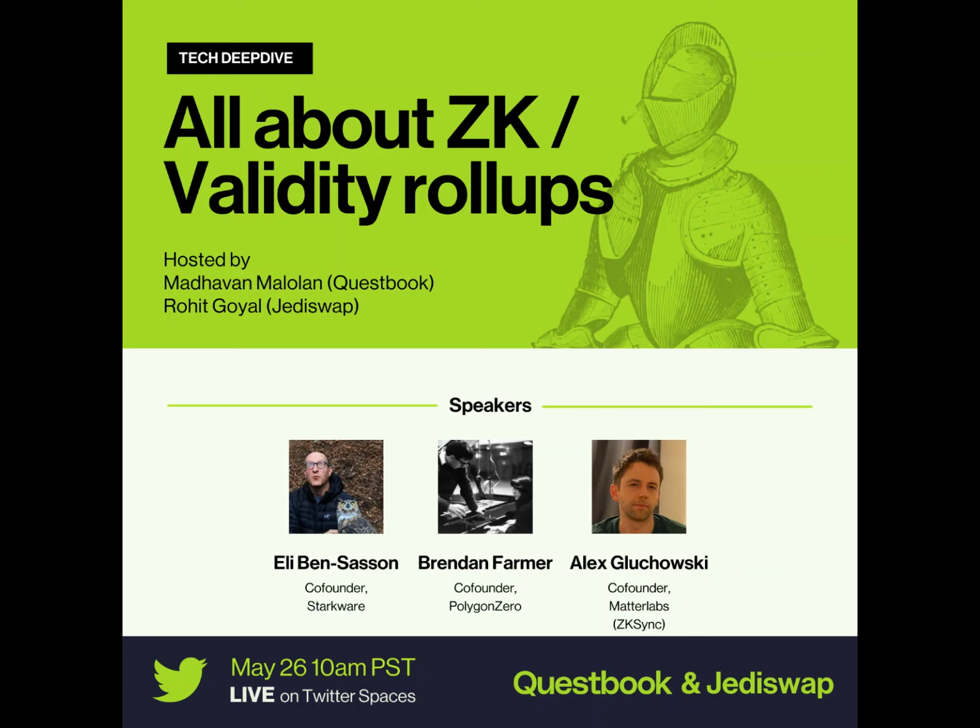Okay, that's a terrific question. So the proof systems and the math behind them mean that when you go with a validity rollup, even when it's not decentralized, it's pretty safe. Let me explain what I mean.